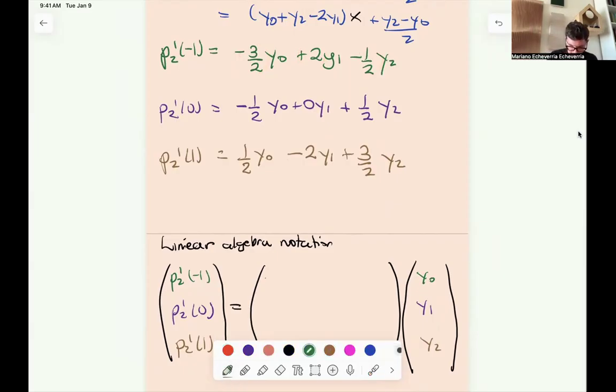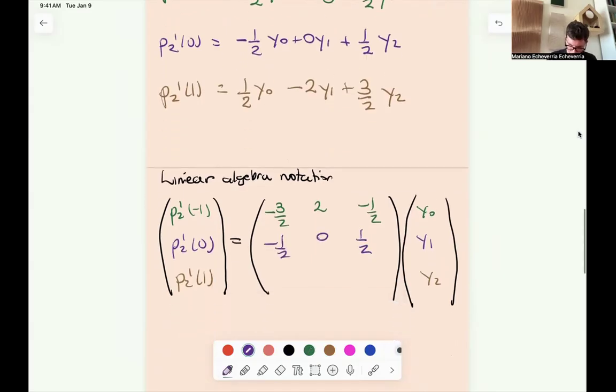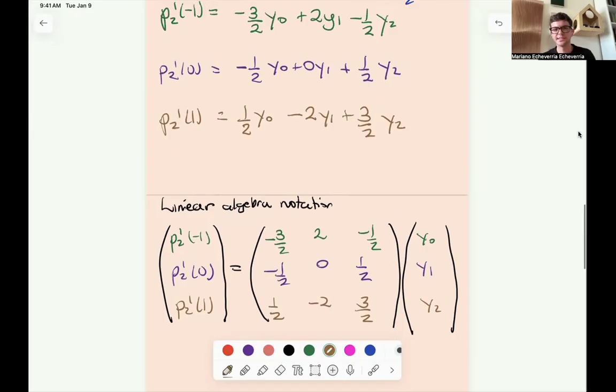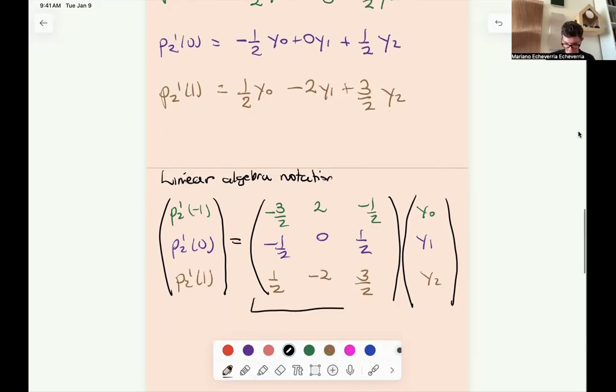So it would be -3/2, 2, -1/2, then -1, 0, 1/2, and then 1/2, -2, 3/2. Okay, and so this 3 by 3 matrix is what's going to be called the differentiation matrix for this choice of nodes in this particular case. So this would be the differentiation matrix.